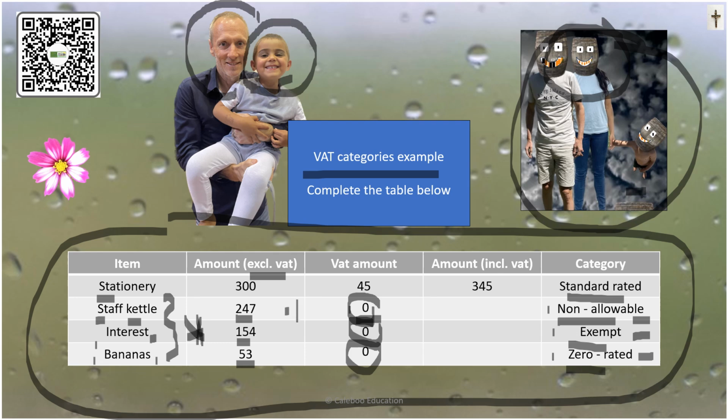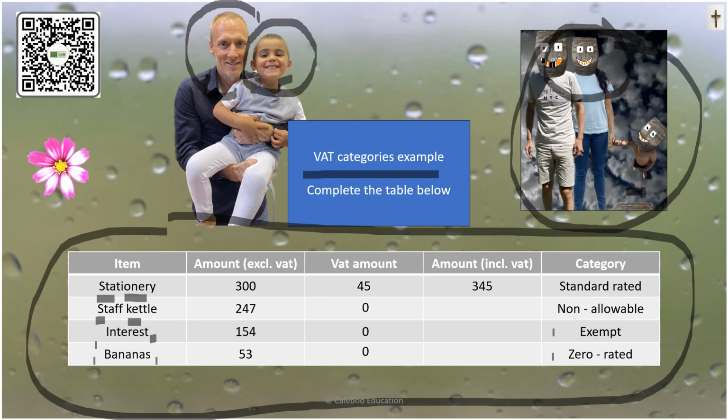So 247 plus 0, the amount including VAT in the table, is 247, as there is no VAT. Don't go and calculate VAT here and here and here. There is no VAT. Stationery, there is VAT, because stationery is a standard rated item and the VAT rate is 15%.